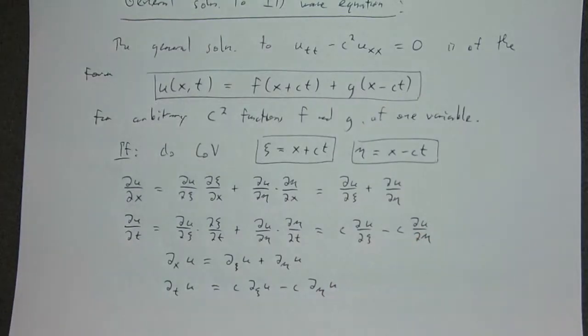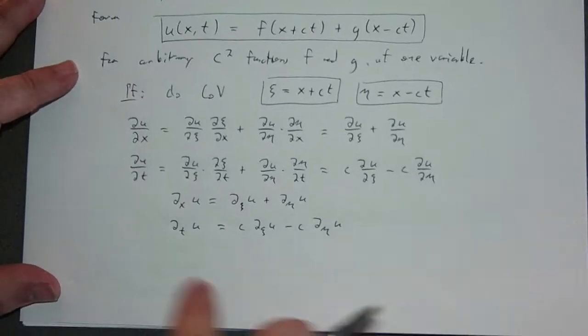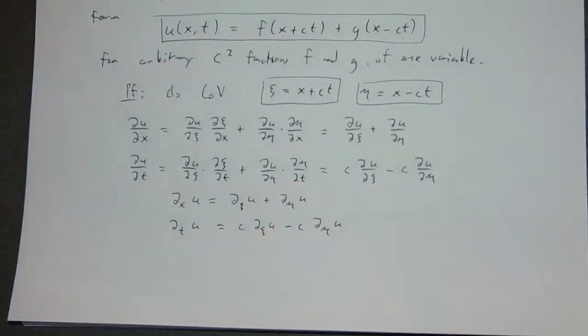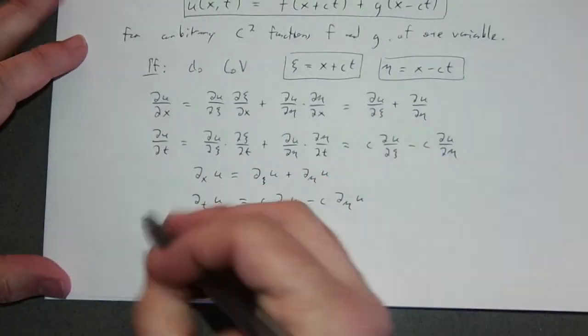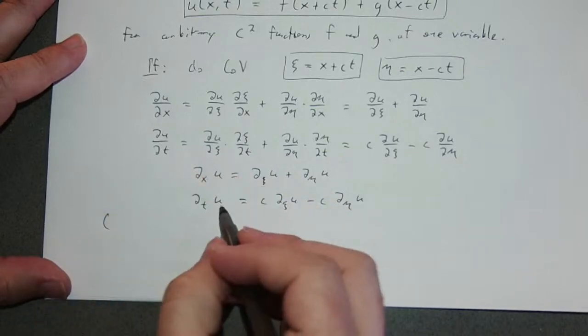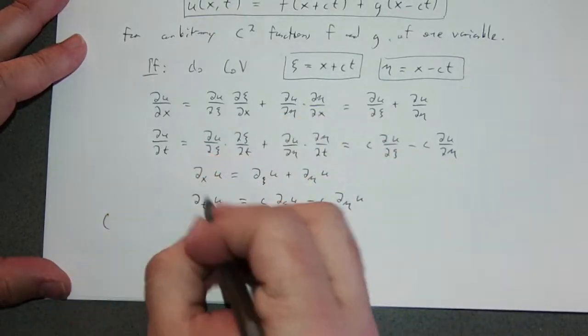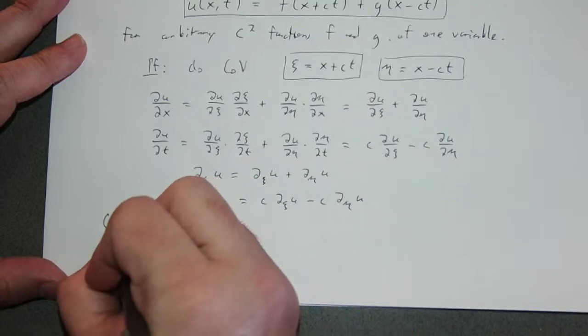Now if I try to combine these two equations and put them in terms of my D'Alembert operator, the first thing I want to compute is the first factored part of the D'Alembert operator.